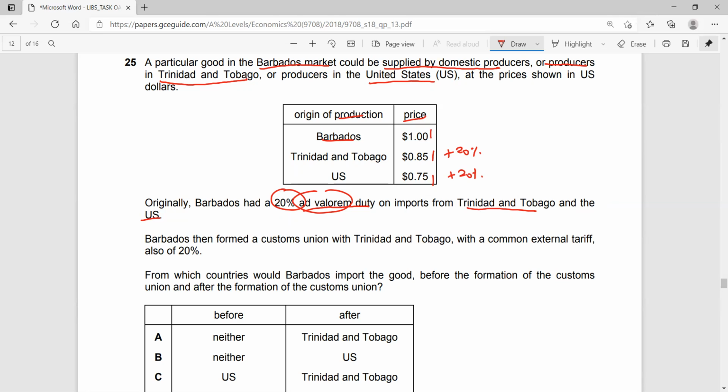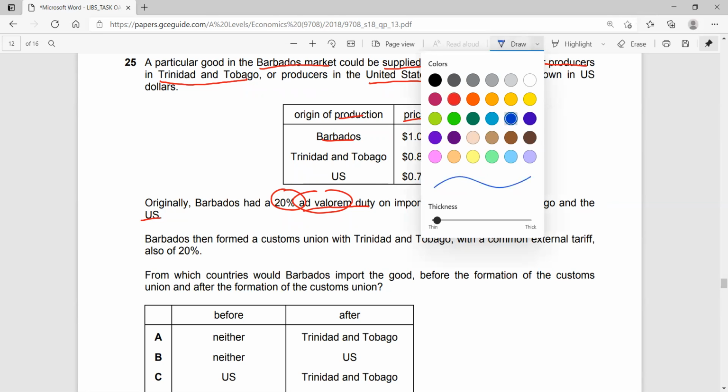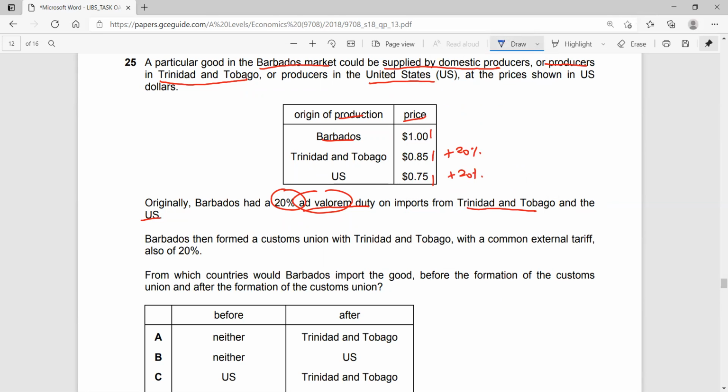Barbados then formed a customs union with Trinidad and Tobago. So clearly now it's plus 0% tariff or quota, because once you are in a customs union, you're not going to charge each other taxes, duties or tariffs on imports.